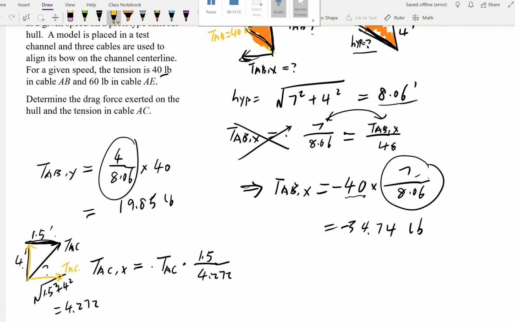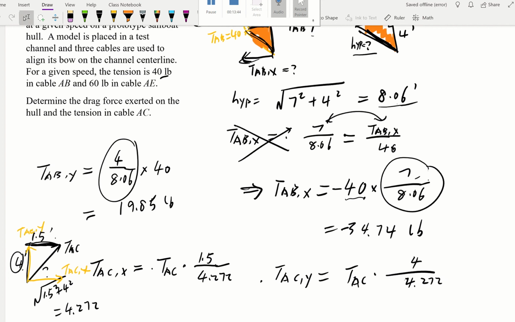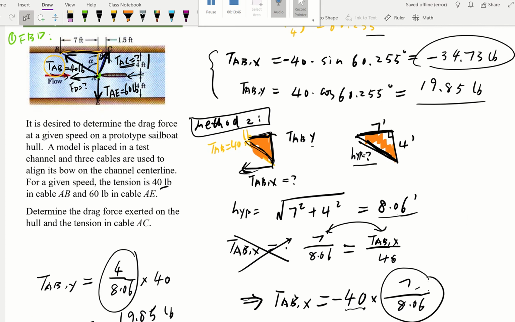So they're both going to be positive. Okay, now next, we're going to figure out TACy. That's TAC times the y component. Then we're going to use 4 now because it's the y component. It's the vertical direction over hypotenuse, which is 4.272. Okay, and then we have our TACx and TACy.